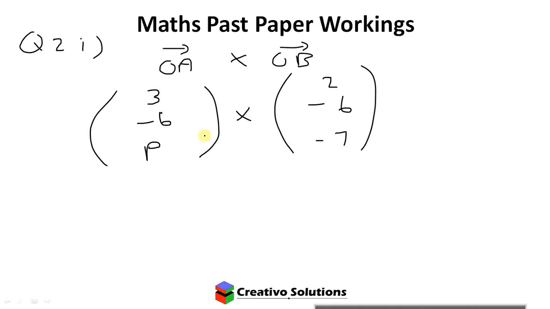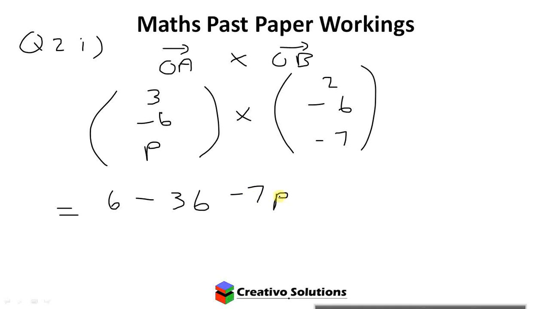When we multiply the vectors out, we multiply the numbers and add them all up. So 3 times 2 is 6, minus 6 times minus 6 is minus 36, P times minus 7 is minus 7P.